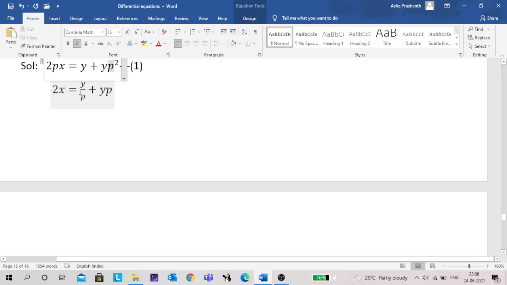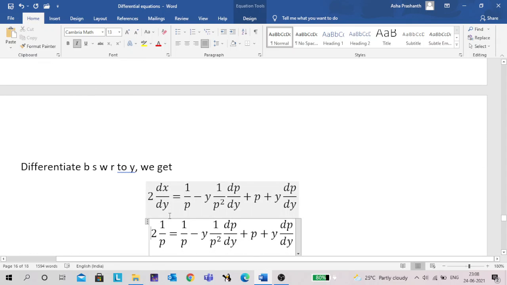So 1 by p into the differentiation of y, which is 1, minus y into the differentiation of 1 by p. The differentiation of 1 by p is minus 1 by p square. Here the plus becomes minus.